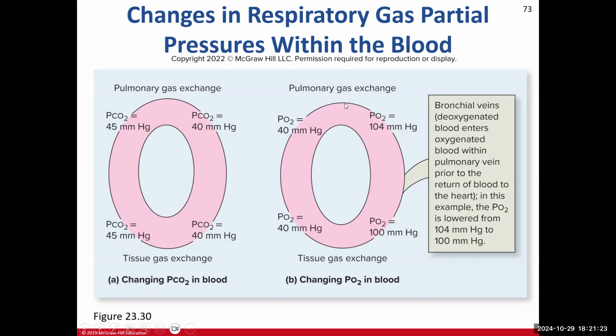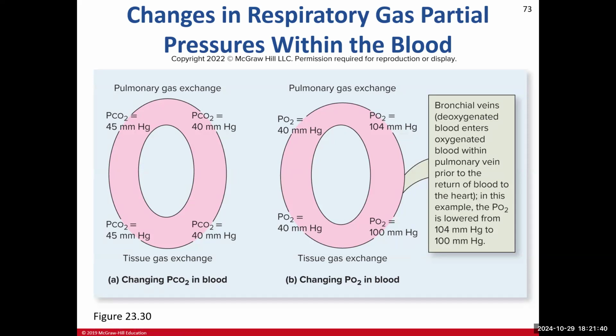After oxygen diffuses into the pulmonary capillaries, it gets up to 104. But notice when it gets to the systemic cells for tissue gas exchange, it drops down to 100 millimeters of mercury. So we're seeing a slight drop there. It's not huge, but it's slight.